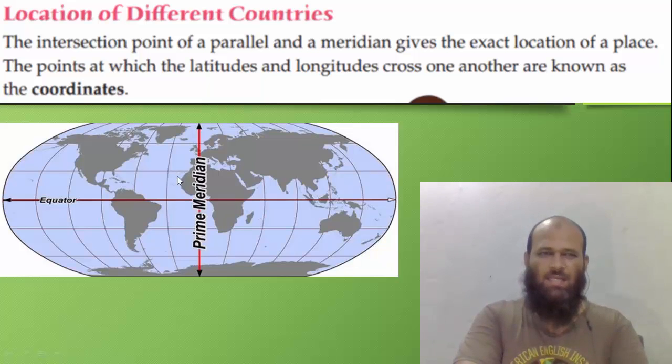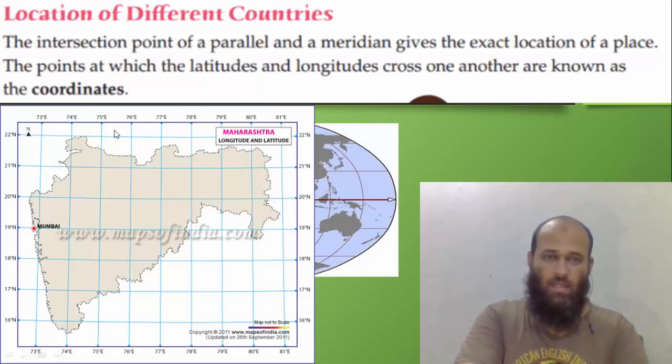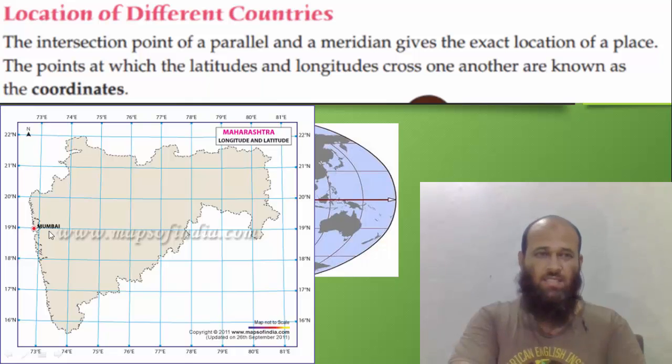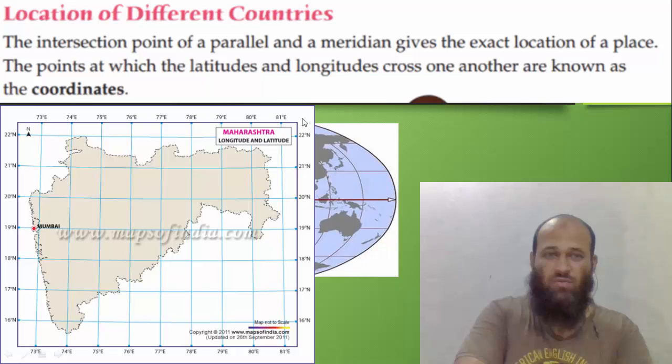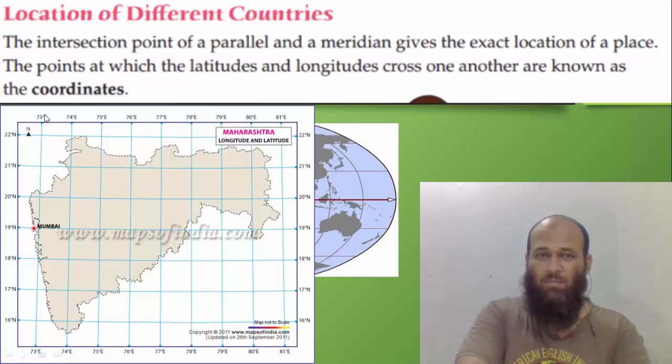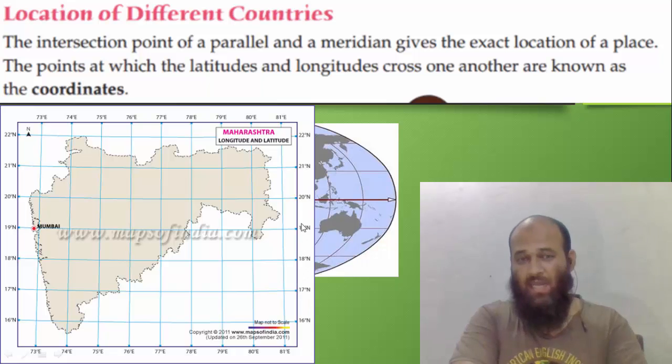Have a look at this map again. With the help of longitudes and latitudes, we can locate any place on the globe. This is Maharashtra, and as you know India falls in the eastern region, so you have all the E meridians over here, 73, 74, 75, and it's of course in the northern hemisphere, so you have all the north references.